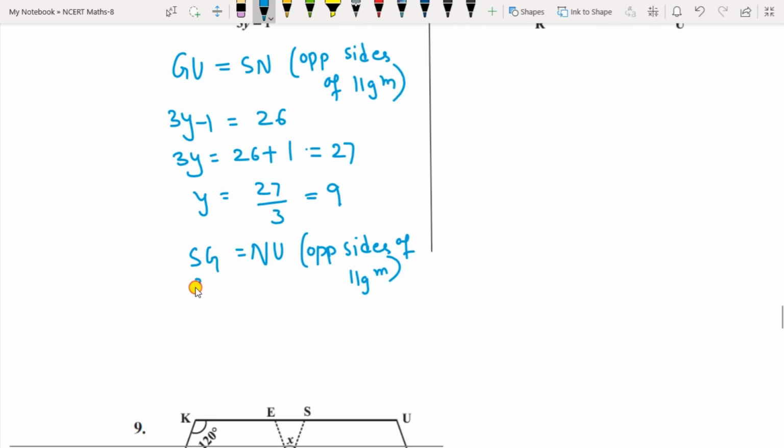So 3x equal to 18. Therefore x equal to 18 upon 3, that is 6, the answer. So x equal to 6 and y equal to 9. So that is the thing.